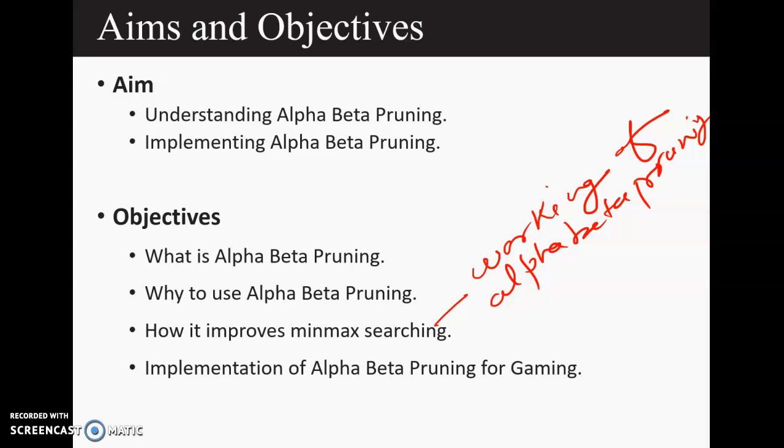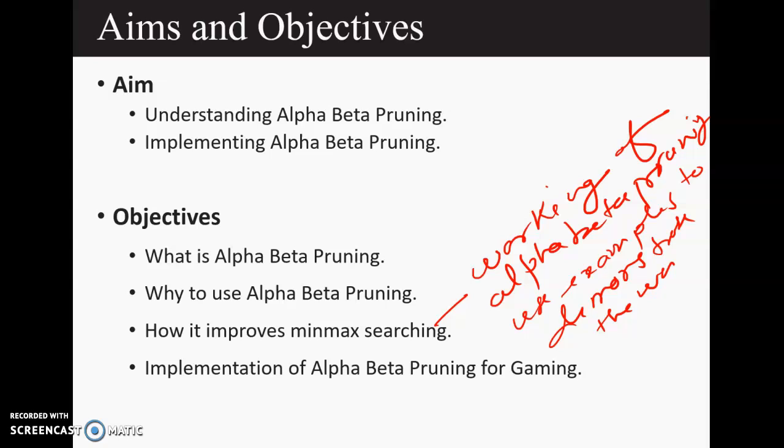And to explain the working, I will use examples to demonstrate it. So the working will be demonstrated with the help of an example, so that you can understand how to apply the concept of alpha beta pruning for improving minimax searching.